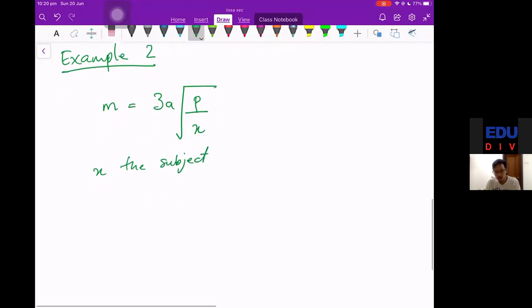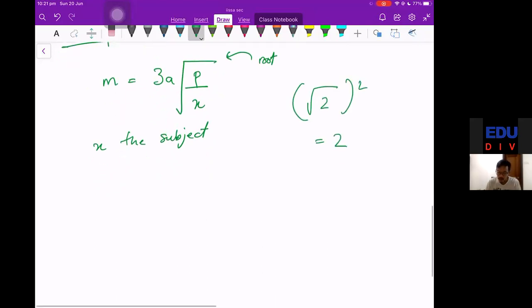To do that, we need to bring x to the other side. We want to change the house. First and foremost, we need to remove the root. How are we going to do that? Remember, to eliminate the root, we can actually square it, because when you have a root to the power of 2, it just means the number itself.